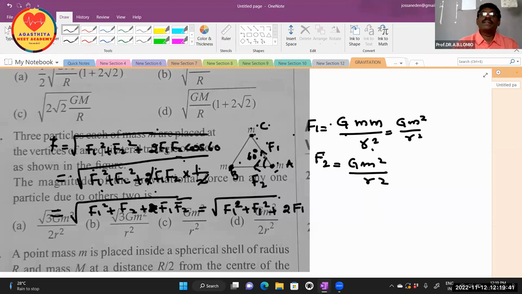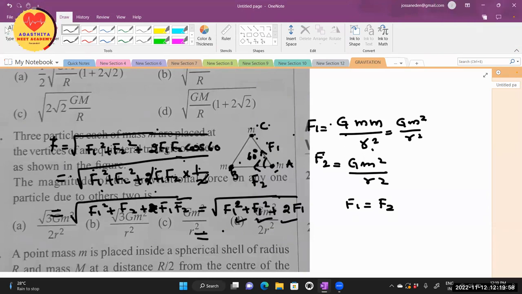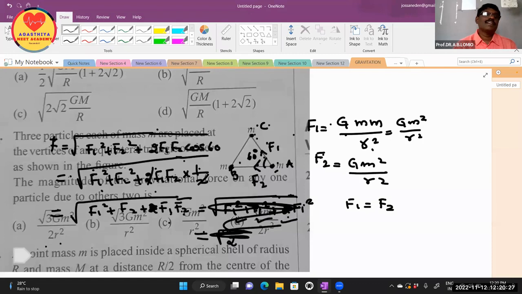Here we are equating F1 is equal to F2, or simply F. Listen here, it won't come like that. Let us take F1 fully again. F1 and F2 are the same, so put F1 squared here.